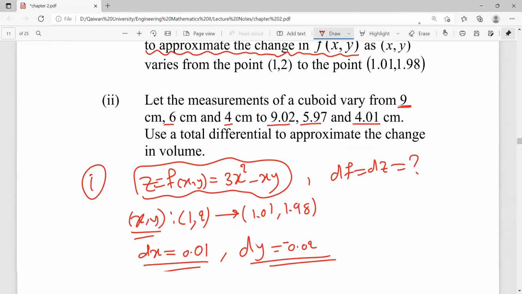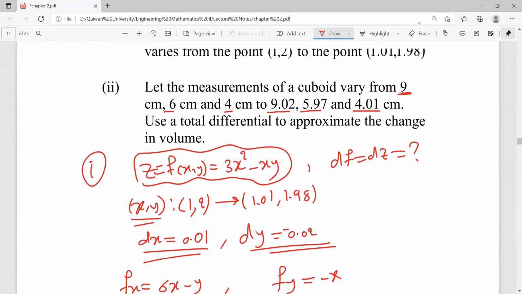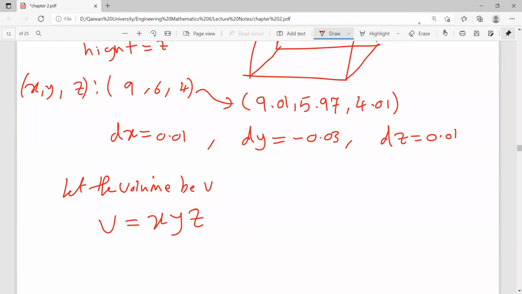So here we write down the rule for the volume of the cuboid, which is multiplying all measurements: x times y times z. And you have dx, dy, and dz. From the given measurements, we can find dx, dy, and dz.